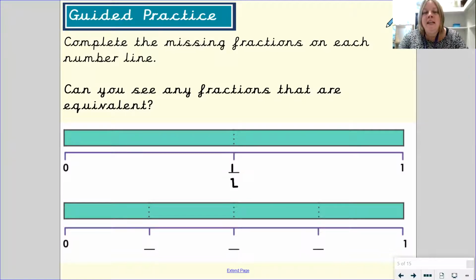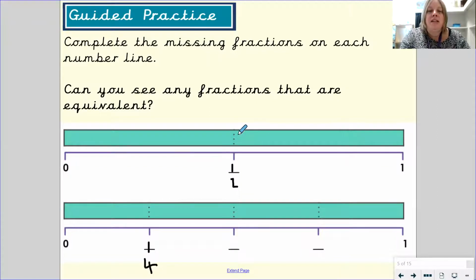We can see that the number line starts at 0 again and ends at 1. If we look at the bar, we can see that it is divided into 4 equal parts. So each jump on our number line represents 1 quarter.